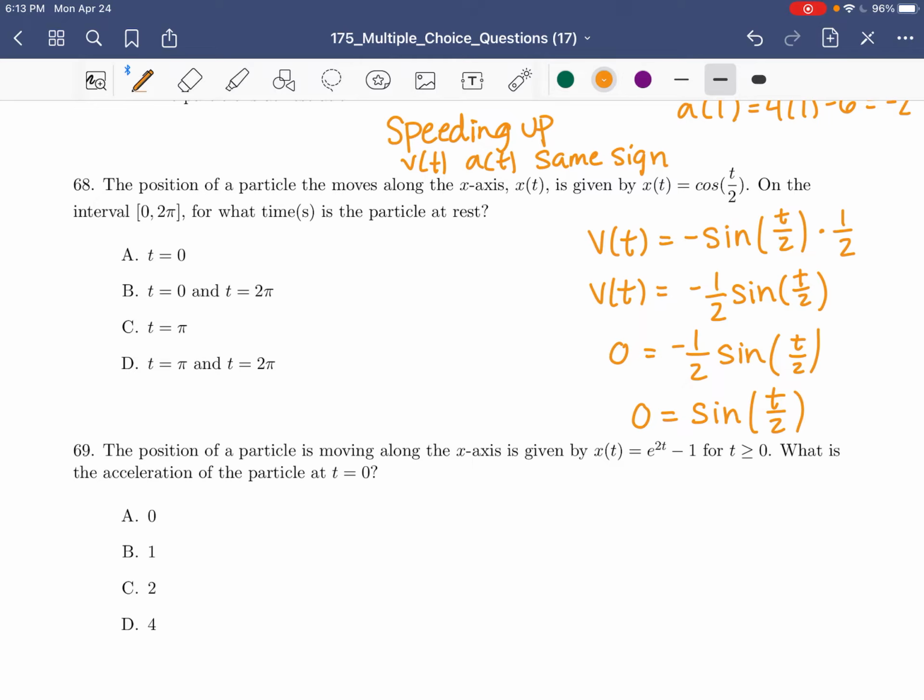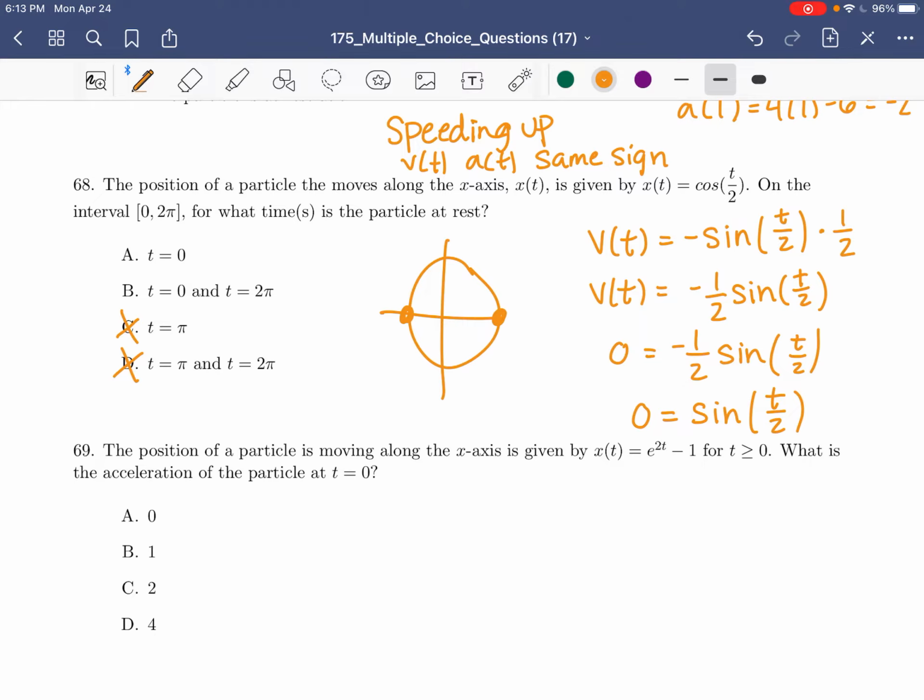So now I need to figure out where this would end up being equal to 0. So if I think about my unit circle, I know sine is 0 over here and over here. So if I plugged in a 0 here, I'd have sine of 0, which equals 0. So I know 0 has to be one of my answers.